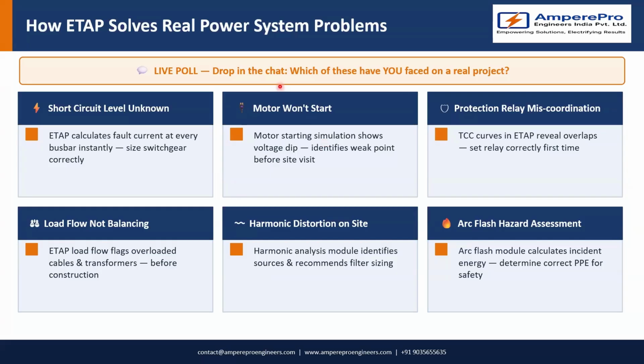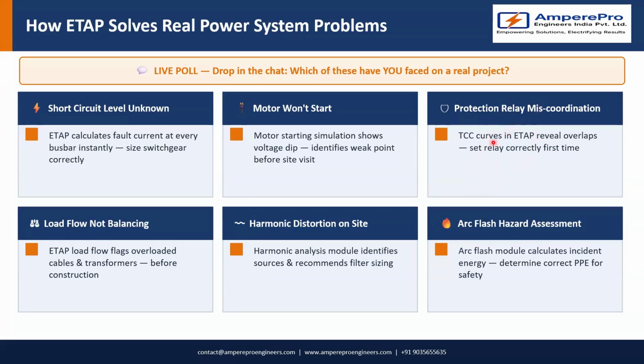Then, by setting the relay in a real scenario, you can easily understand through ETAP whether the relay picks up or not. We can also check the time discrimination between the main relay and backup relay, and whether you are able to give exactly 200 millisecond time discrimination.